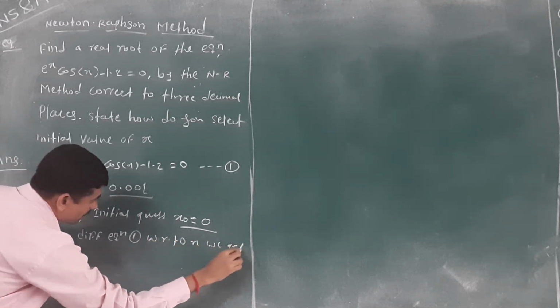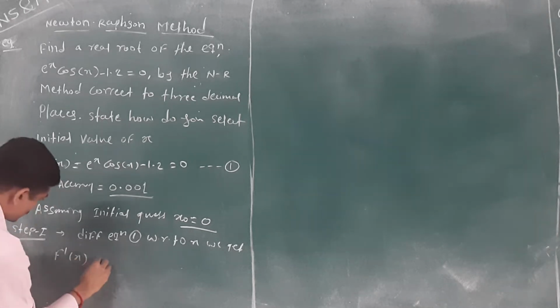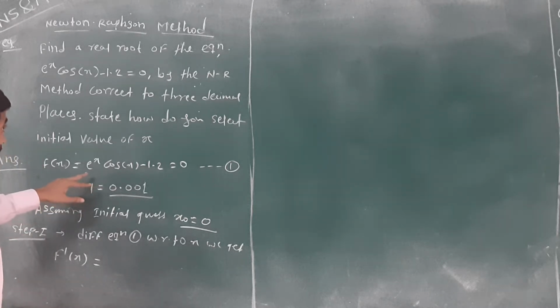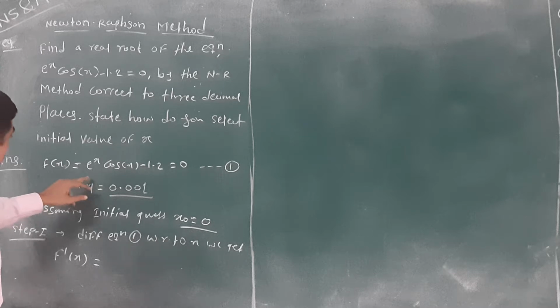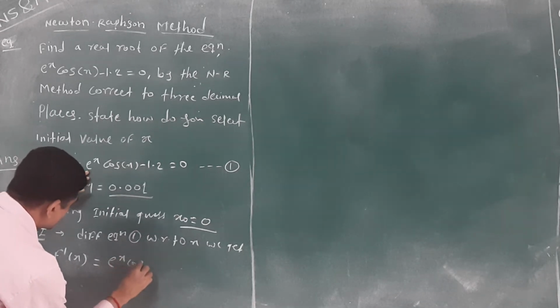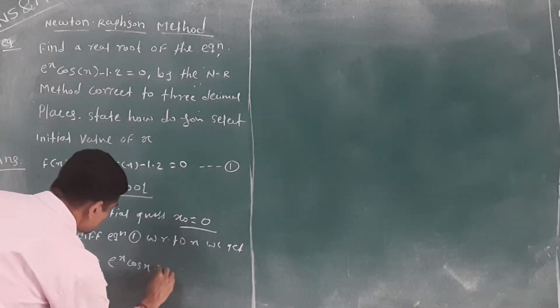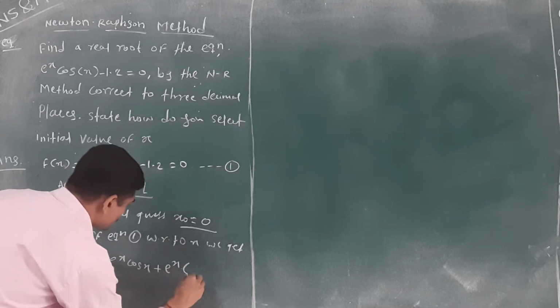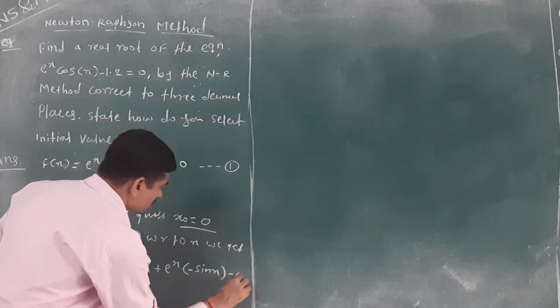Then in equation 2 we get f'(x) = e^x into cos x plus e^x into (-sin x), and the derivative of the constant is 0.